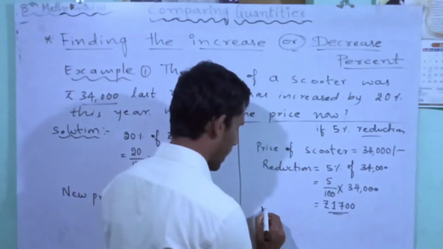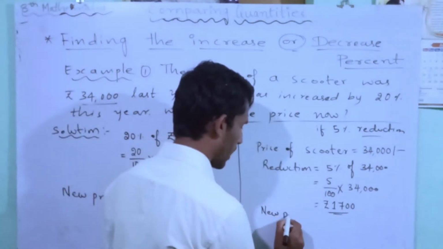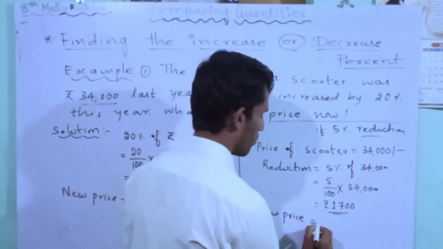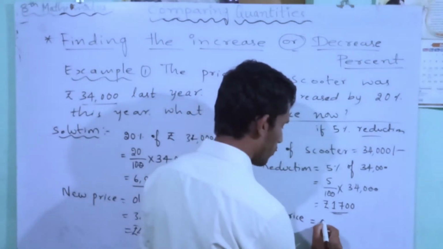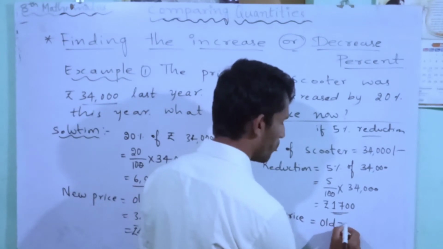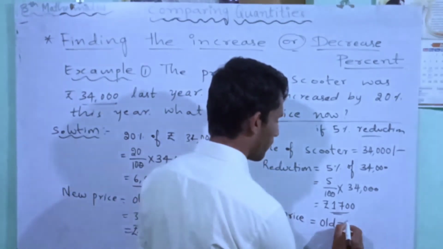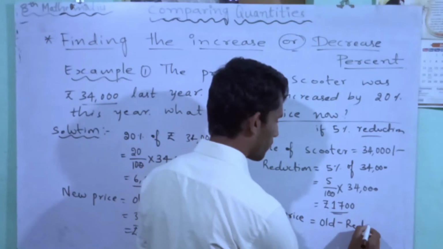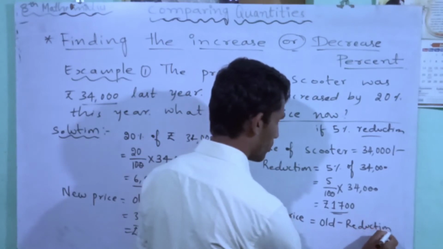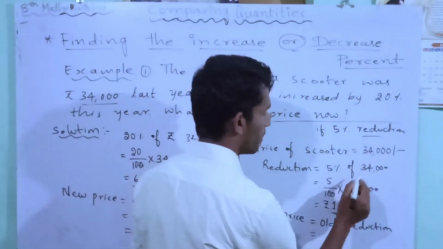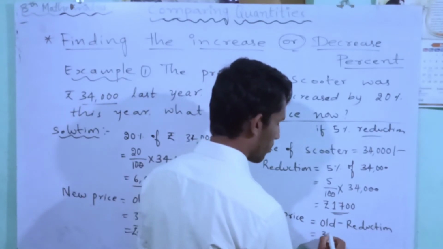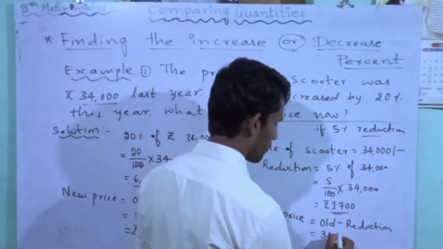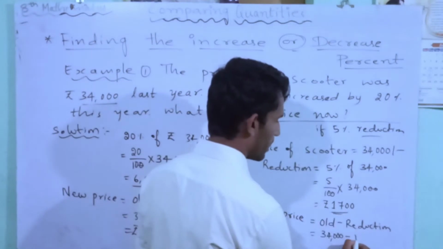Next, the new price. We have to do subtraction here. From the old price we have to subtract the reduction to find the new price. What is the old price here? 34,000 rupees minus the reduction, 1700.